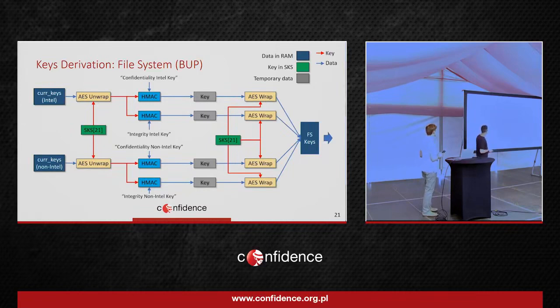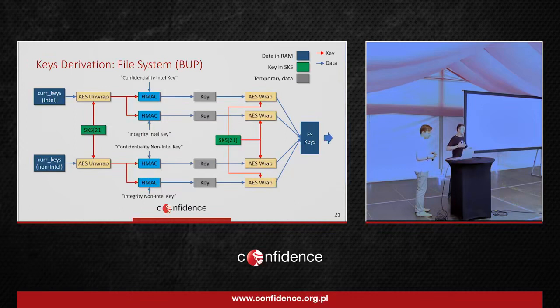This value is used through secure key storage to calculate HMAC for other keys. The result is stored for a short time in memory, then wrapped with the same key and stored in memory. This part resides in memory for a long time and is later passed to the VFS module, which uses it for accessing the file system.